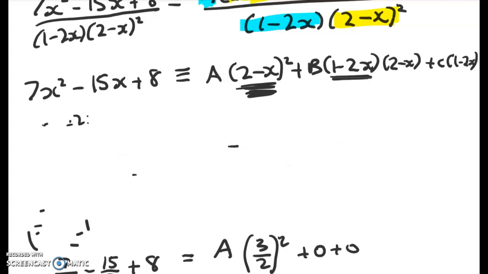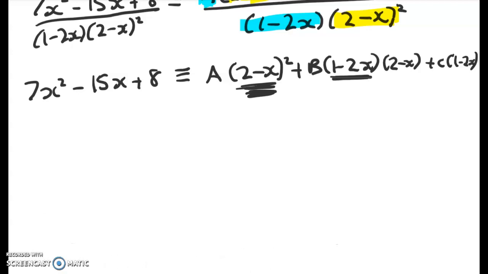So what we're going to do now is match coefficients. Or in this case, I'm going to match on the constant. So we're going to substitute in the values of a and c. And we're going to look at this plus 8. So we've got 8 is equal to 4 times a, looking at the constant in here, plus 2 times b.